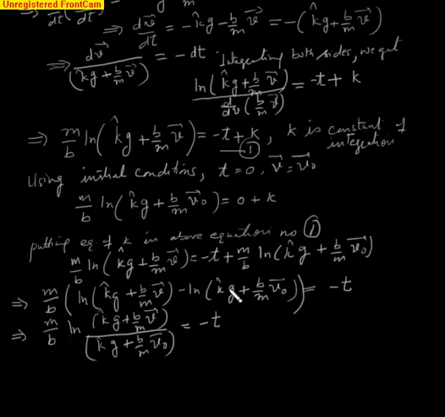Let us take this m over b to the right hand side. Then the log term will remain as it is, log of (kg plus b over m V) over (kg plus b over m V naught), equal to b over m into t on this side.